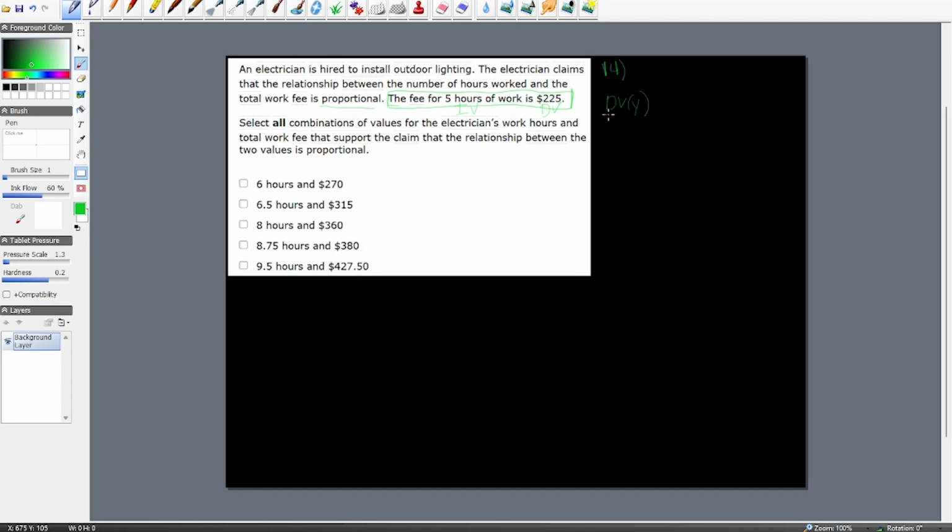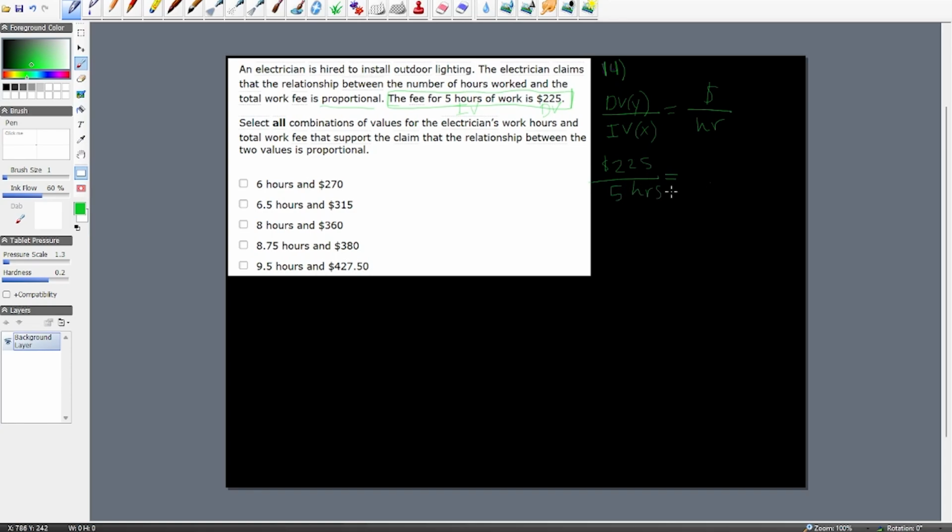I want to find out how many dollars he gets per hour. And they told us he gets $225 for 5 hours. And I want to scale this down to its unit rate, to its most simple form. I just want to know, how much does he get for 1 hour?